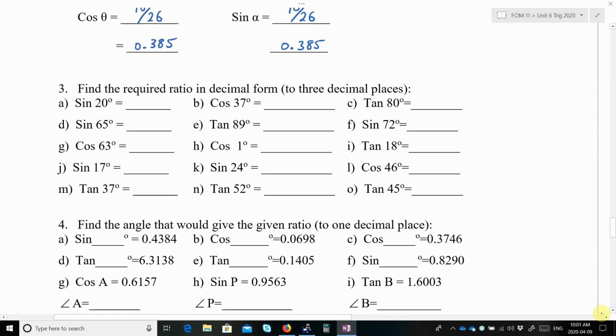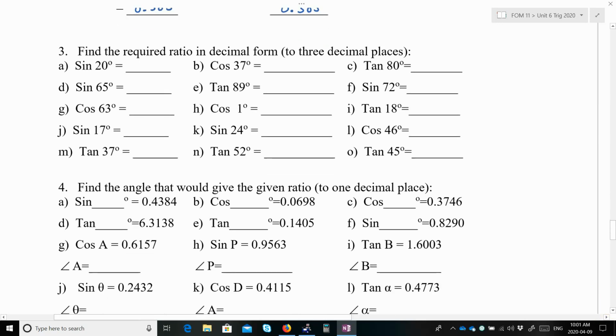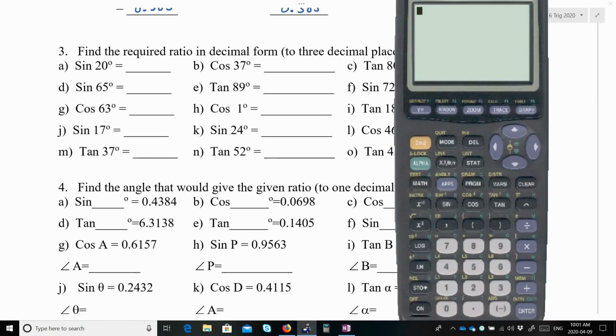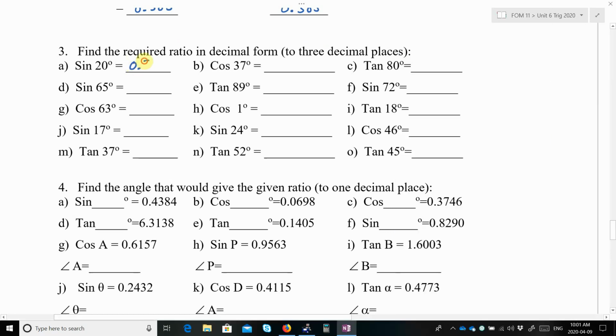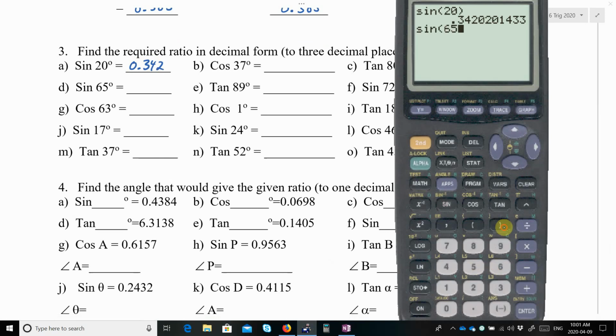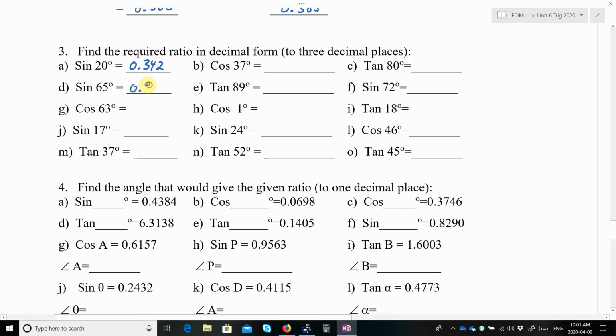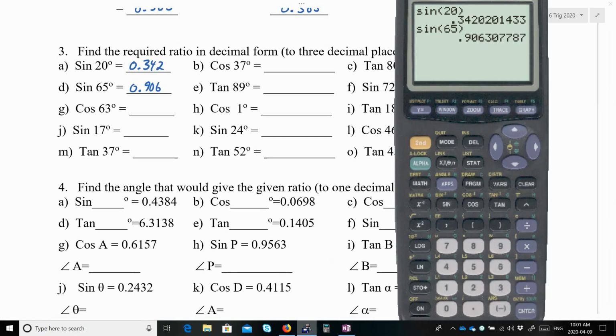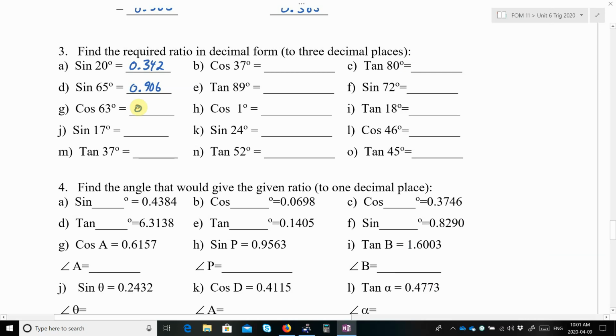Number 3, find the required ratio in decimal form to 3 decimal places. Okay. Sine of 20 degrees, 0.342. Sine 65, 0.906. Cos 63, 0.454.